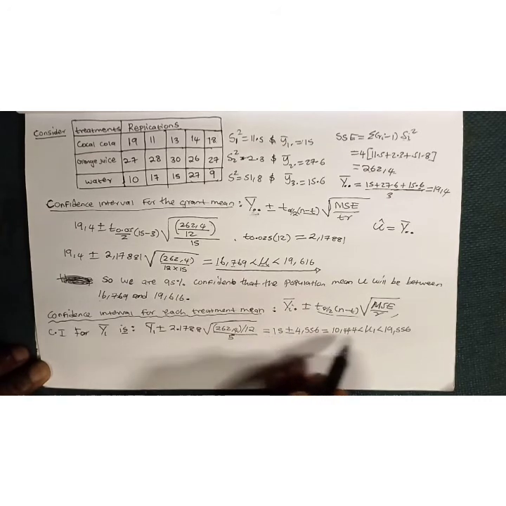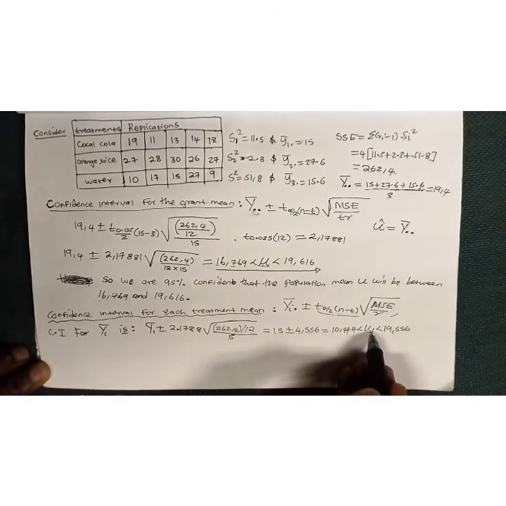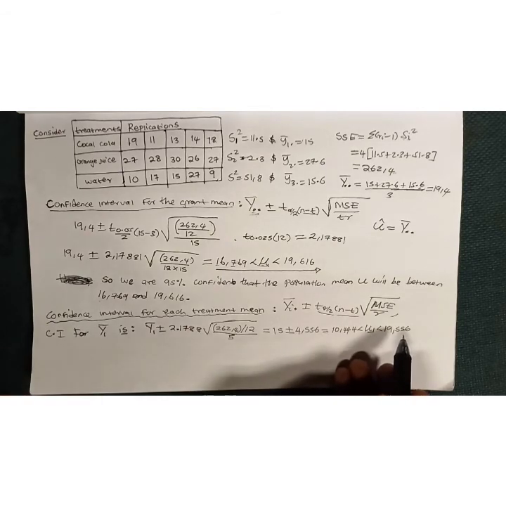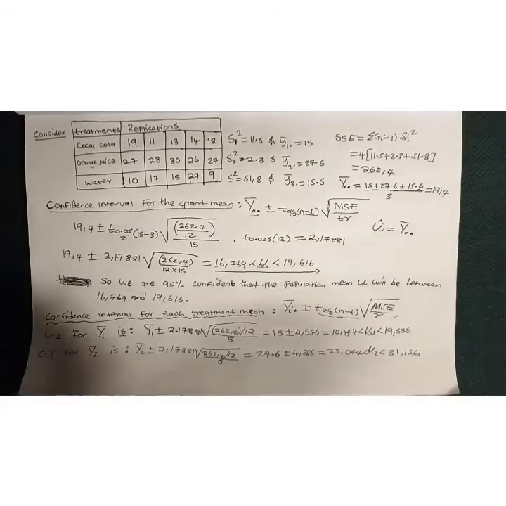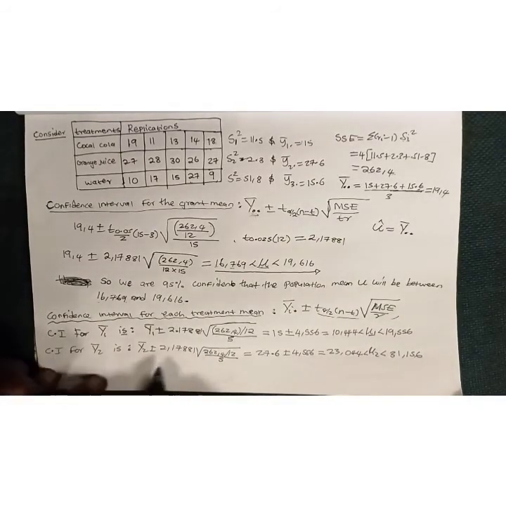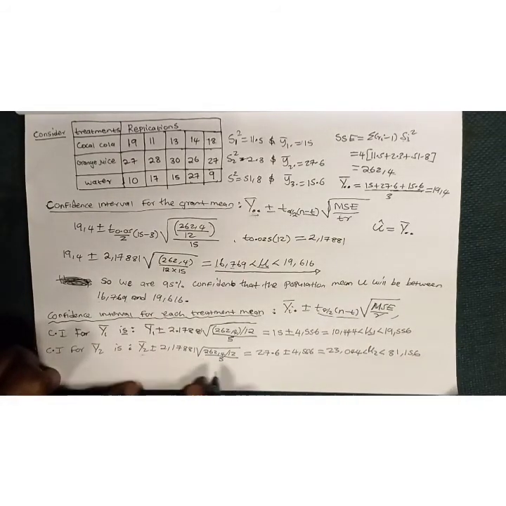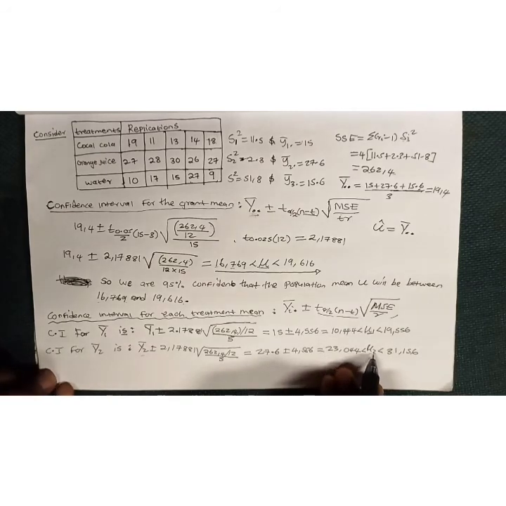Which means my mu1 will be between 10.444 and 19.556. Let's do mu2. The second mean is given by this, so we'll find our mu2 to be between 23.004 and 31.156.